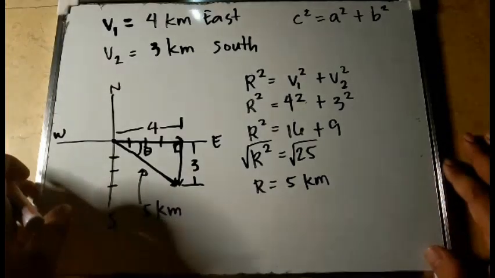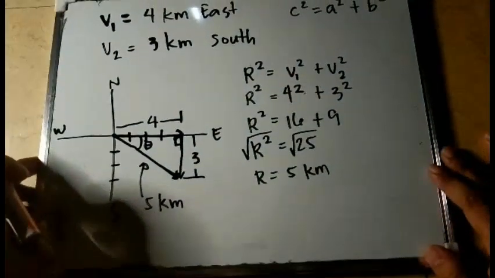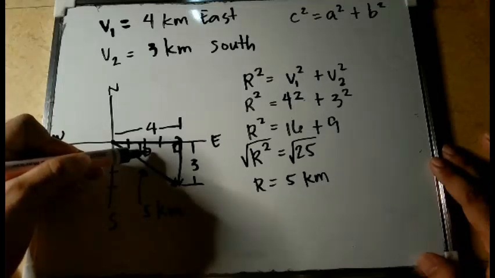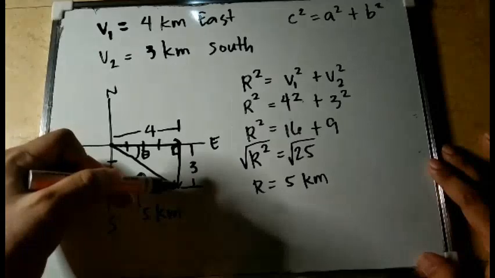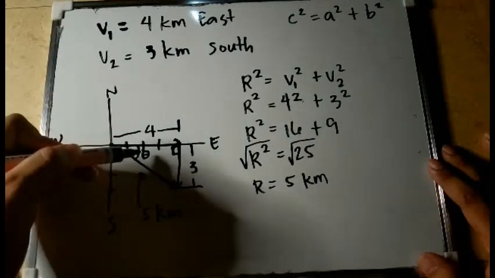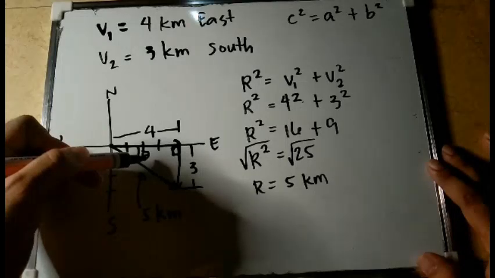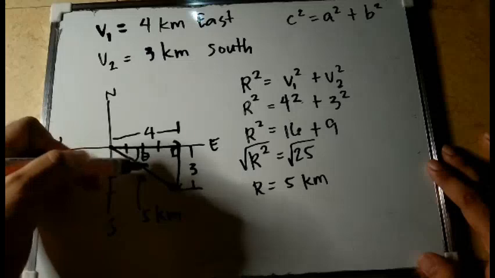Okay, for the angle and direction, so mapapansin nyo, east, then pumunta siya ng south. Okay, so yung angle natin dito, from east to south, so dapat south of east ang magiging kinalabasan na to.